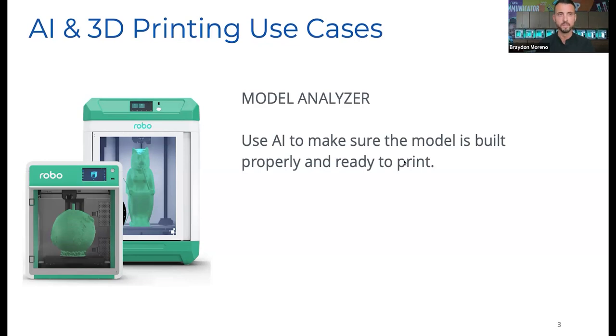I know this is something a lot of people teaching 3D design or doing 3D modeling have an issue with when they actually want to go to print it. Maybe the model is messed up in some ways, maybe it can be designed a little bit better, or maybe it needs to be oriented a little bit better. So I think AI is going to really help once it's embedded into what are called slicing softwares, to allow you to optimize the model.